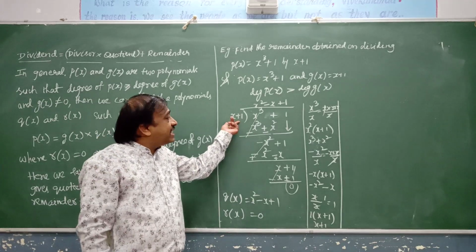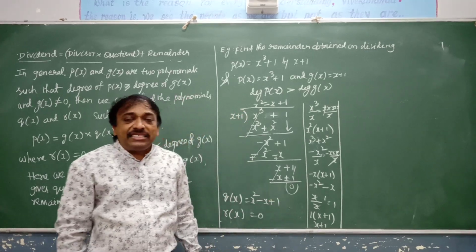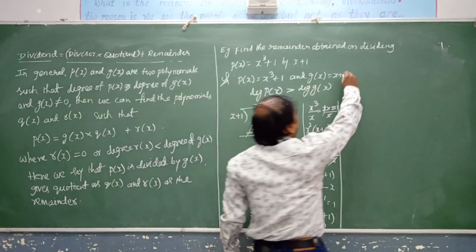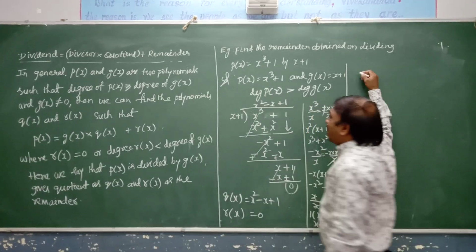So this is x plus 1. When you divide, you are obtaining the remainder as 0. Here I am explaining the next part, observe it.